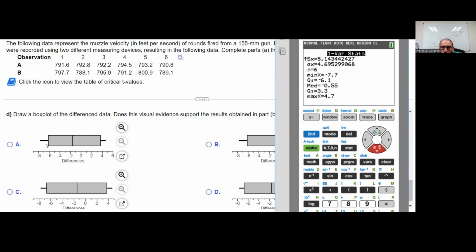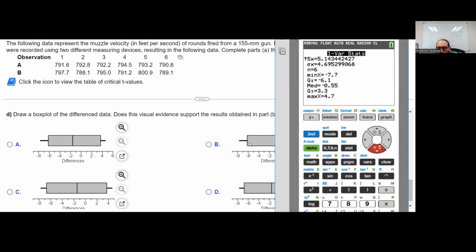But quartile 1 at -6.1, these two are possible. All of them look pretty possible, except possibly with the exception of B.